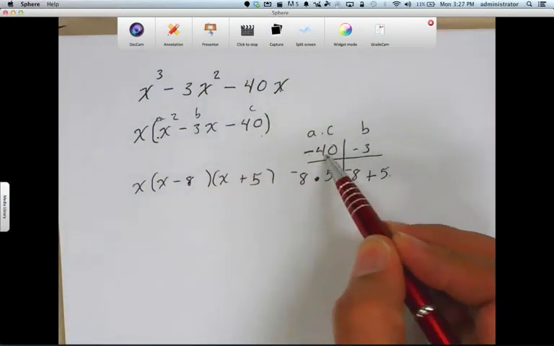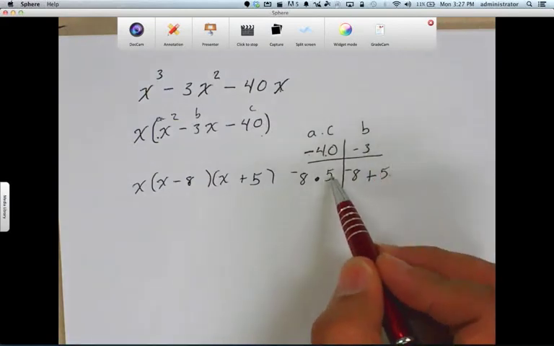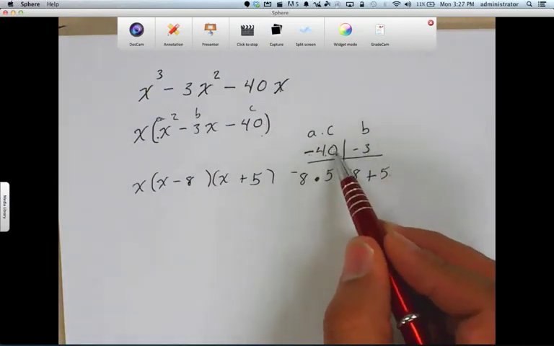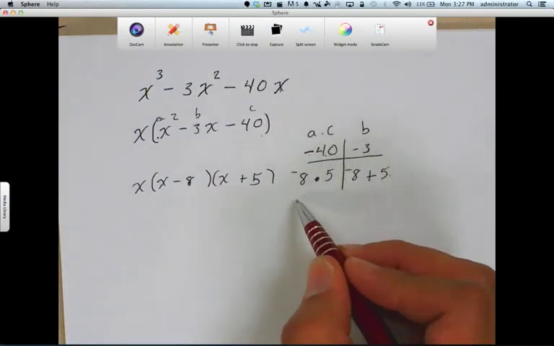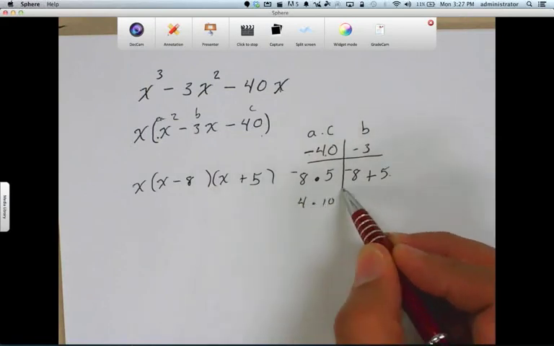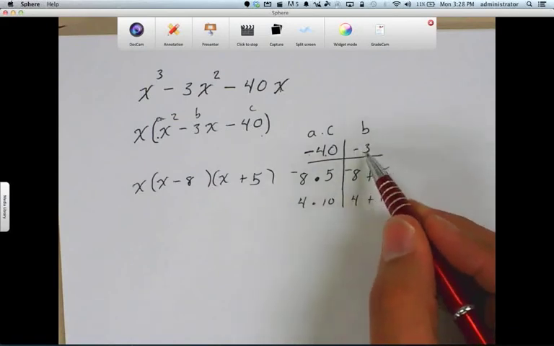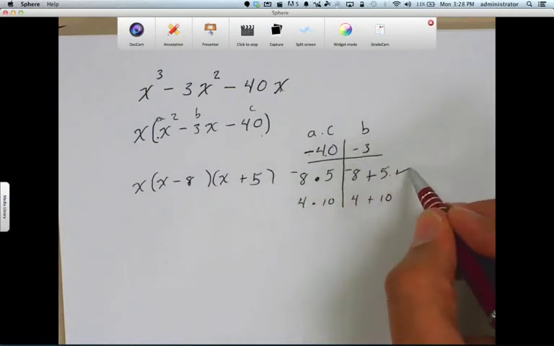And b, again, is your middle term. So remember that you want to look at numbers that make up 40. I could have chosen 4 times 10, but if I choose 4 plus 10, there's nowhere near that I can get negative 3. So the only one that really works is this one right here.